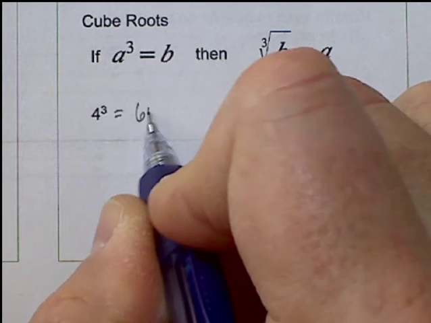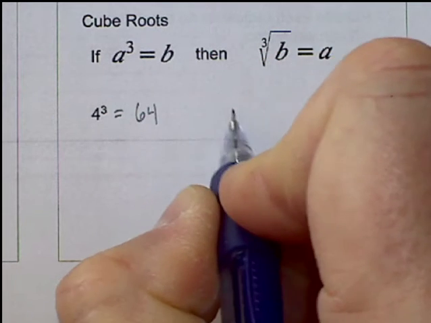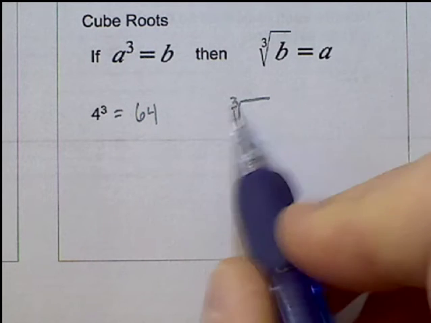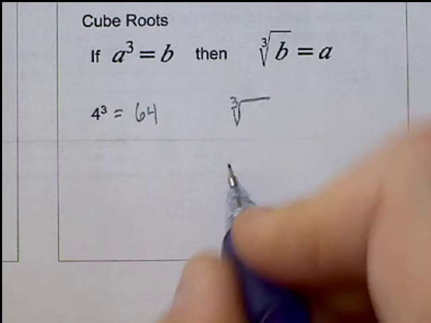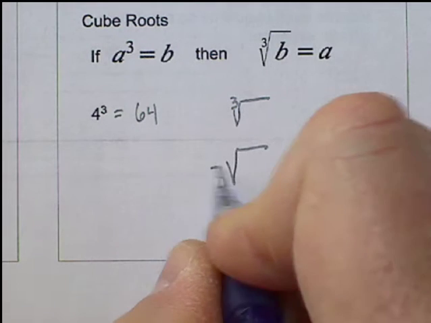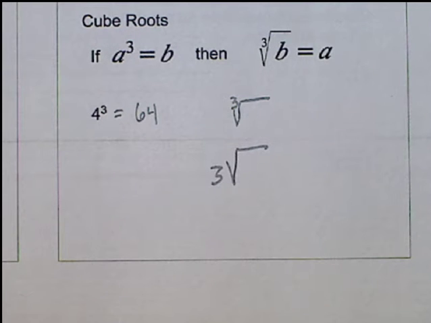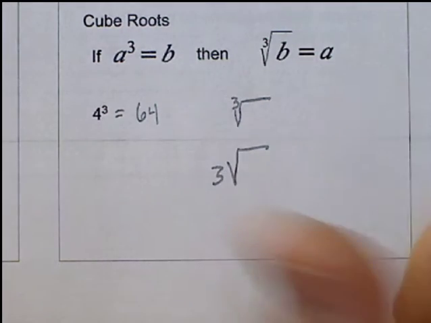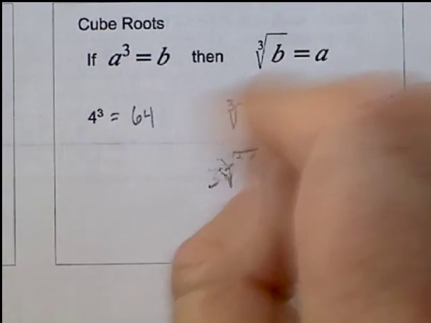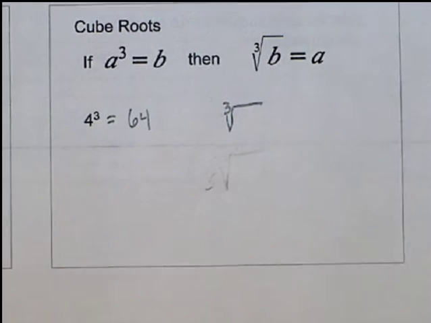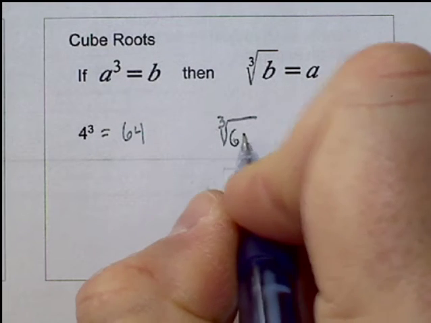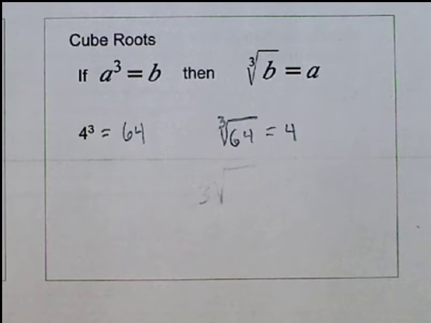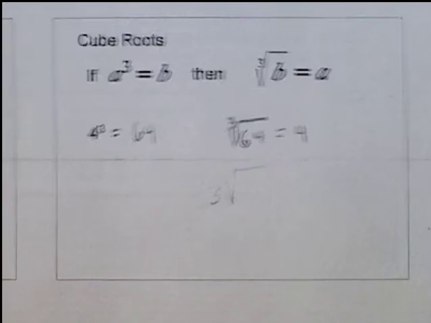So then I could write it like this, the cube root, and make sure that you put the number in the right place. You don't want to write it like this because this means 3 times the square root, right? Make sure that you get this 3 up above the little notch in the symbol. The cube root of 64 is 4. Okay? See how that works?